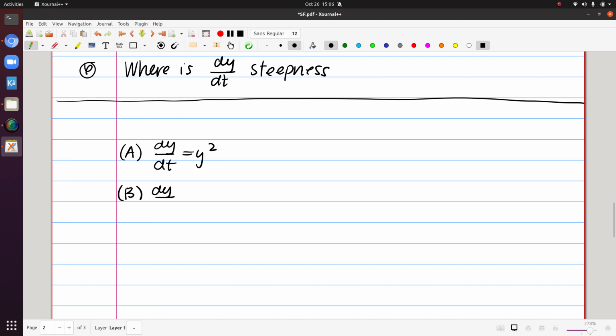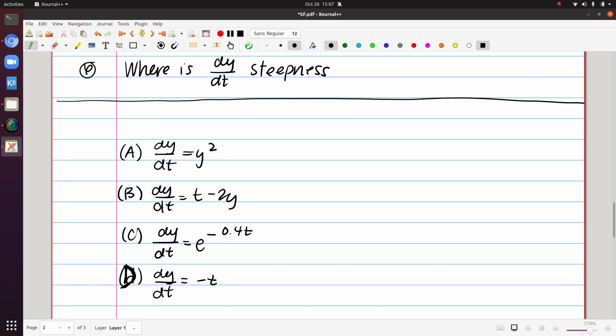Dy dt is equal to t minus 2y. Dy dt is equal to e to the minus 0.4t. And finally, dy dt, well, maybe I should stick with my convention of capital letters. Dy dt is equal to minus t.